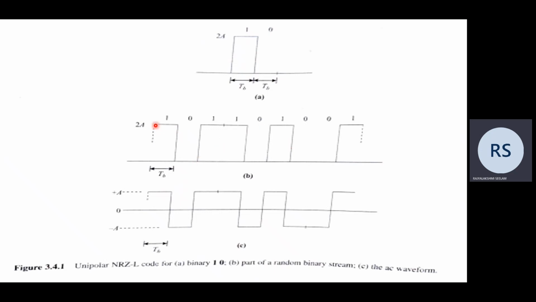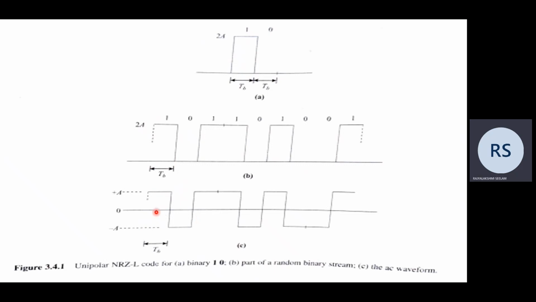Here it is 2a for 1, for 0 it is 0 voltage, then 1 at 2a, again 1 at 2a, 0 again comes to 0 voltage, again 1, 0, 0, and again 1 at 2a. This is the bit time.